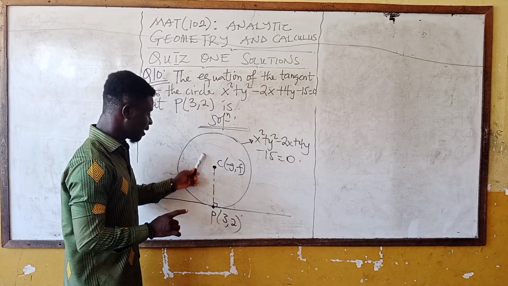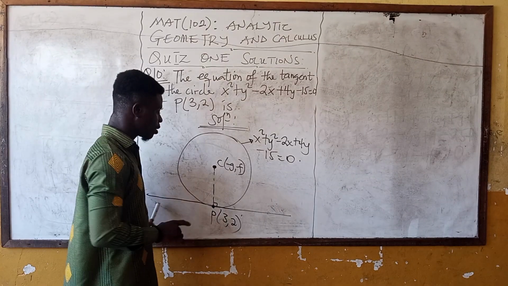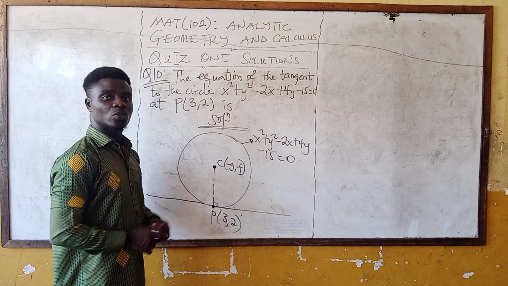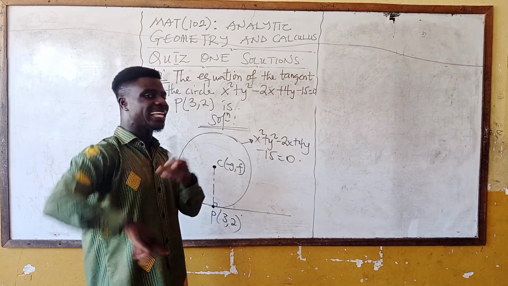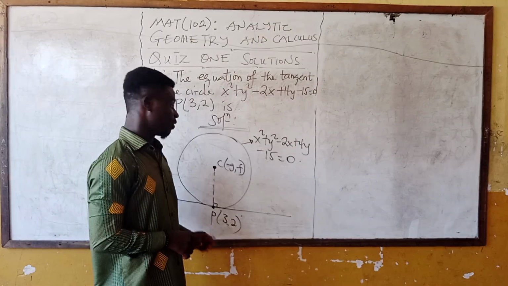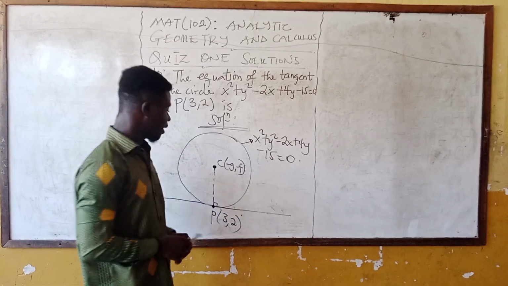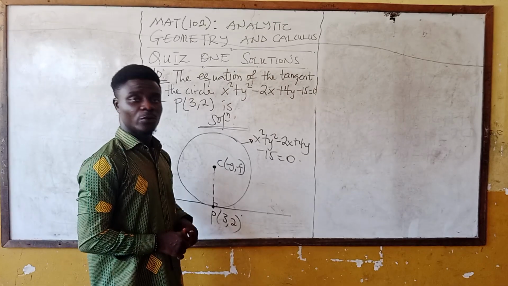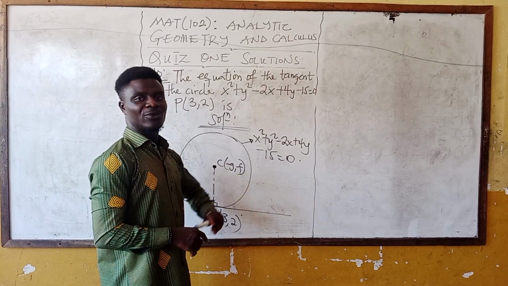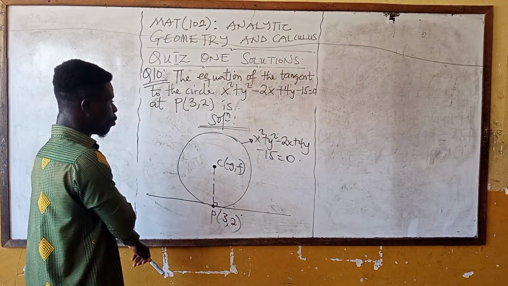Don't forget that this line, the radius line, is perpendicular to this tangent line. So we take the negative reciprocal of that to get the gradient of this line. We use the negative reciprocal as the gradient, and this point P(3, 2) to find the equation of this line. So now let's start the ball rolling.